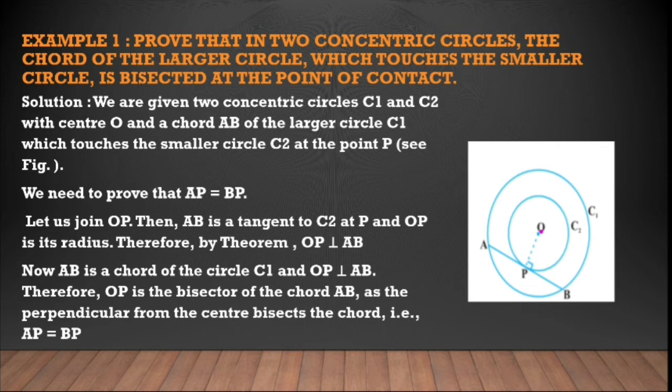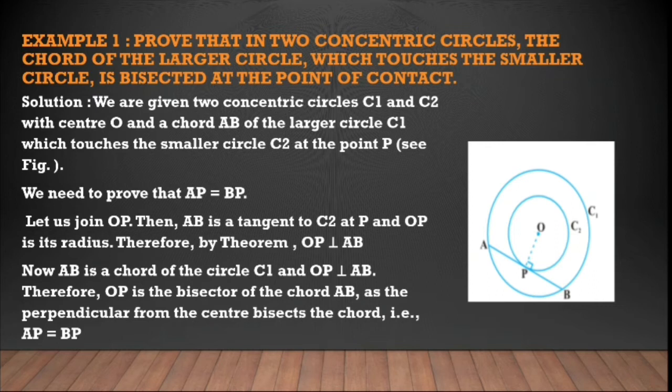Now this AB is a chord for the larger circle, but it is a tangent for the smaller circle because it touches the smaller circle at the point P. So you have to prove that the point of contact P will bisect this chord AB. That means you have to prove that AP is equal to BP.